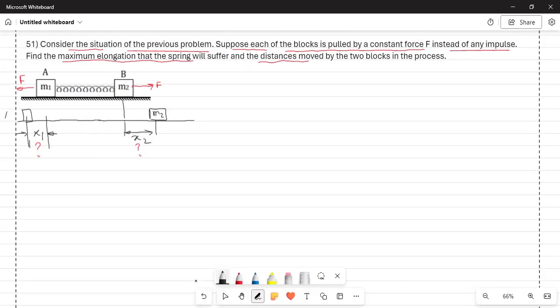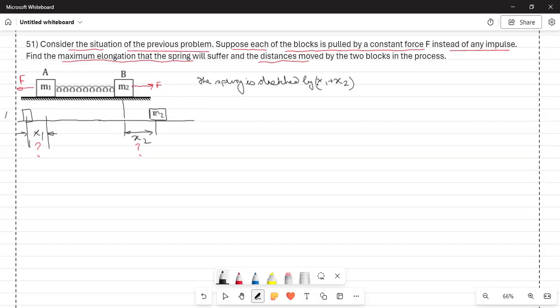See here, total work done by the forces will be equal to the increase in potential energy of the spring. The spring is elongated, stretched by x1 plus x2.